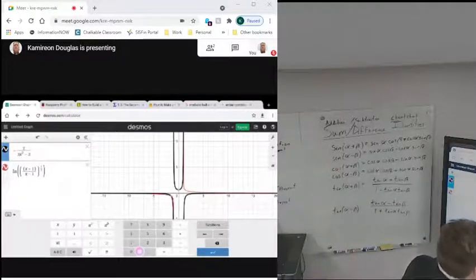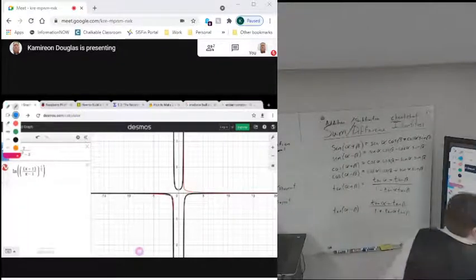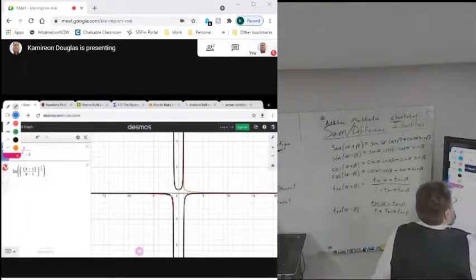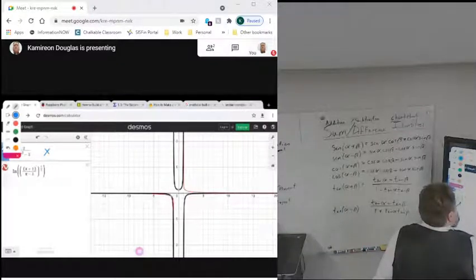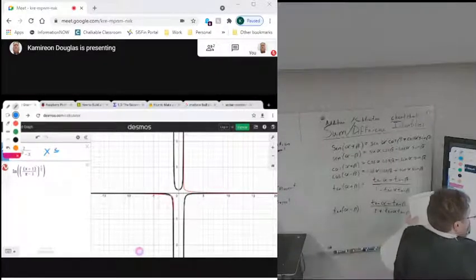The original function doesn't exist. So if I was looking at this problem, I'd say, okay, then that means this piece doesn't exist. So straight up, I'd say this is the derivative for x not equal to. So you would just ignore this piece entirely and just say, well, it doesn't exist.